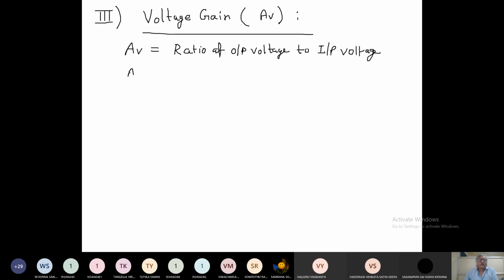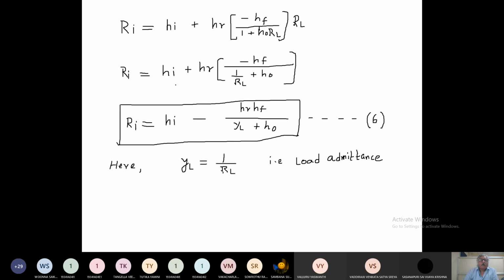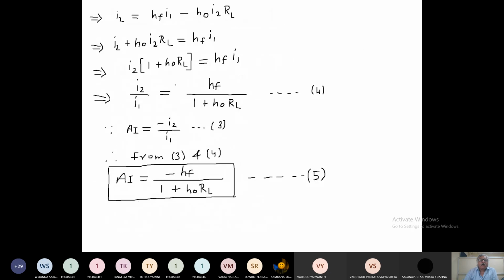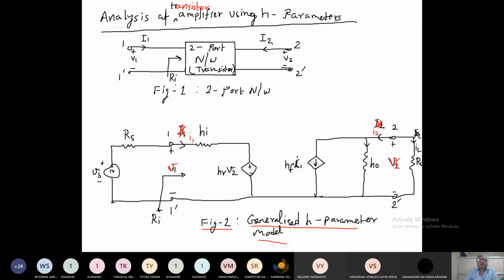It is V2 by V1, right? Now already you see here, V2 you can write as IL RL, right?